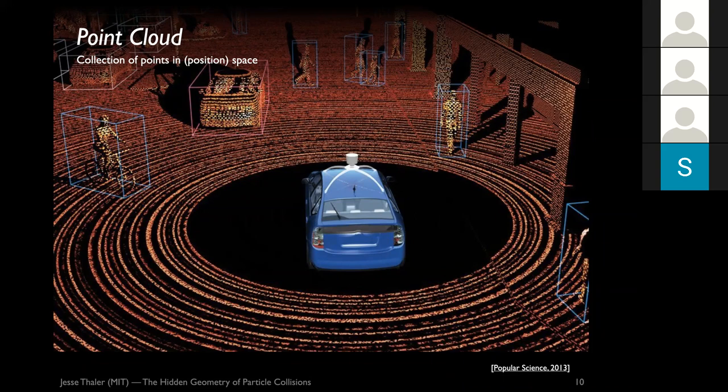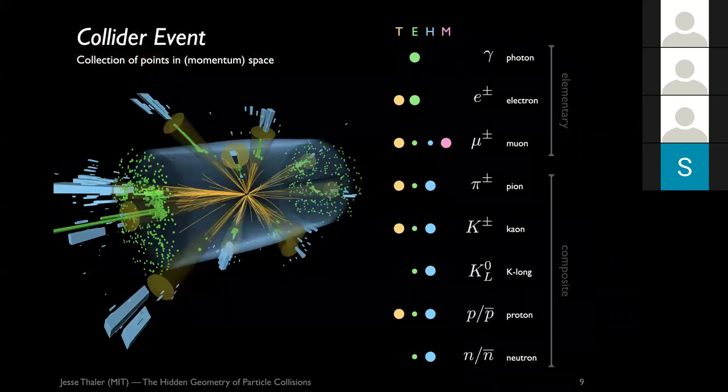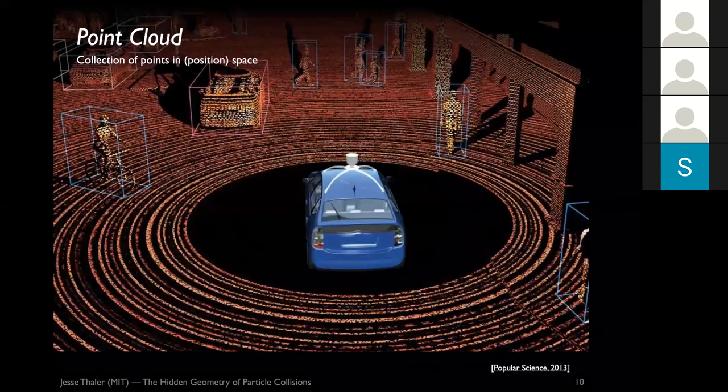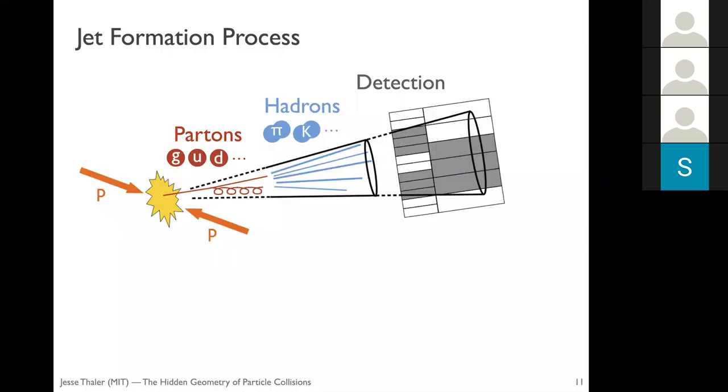And the difference in the data structure from the collider context compared to the self-driving car context or other contexts where we have what are called point clouds is that we know a lot about our collider data, where it comes from. And in fact, a lot of the information is non-perturbative and therefore not understandable, and therefore we'd like to suppress it.